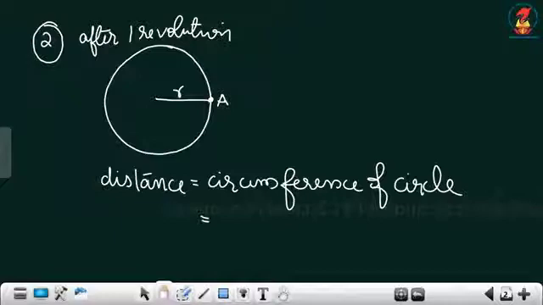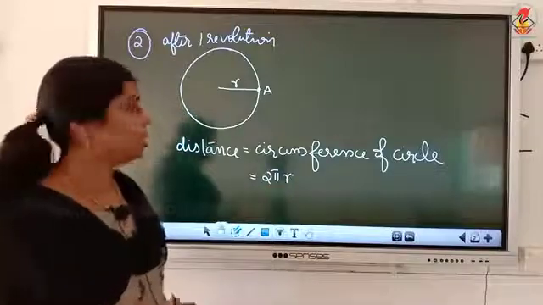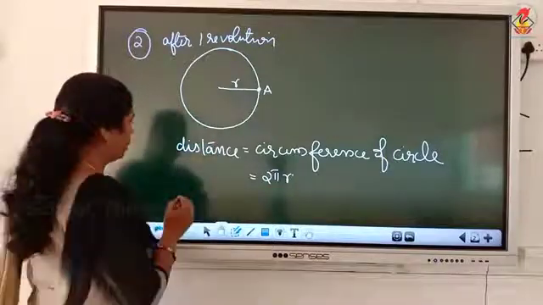Now, what's the equation to find the circumference of the circle? 2 pi r. That is the distance travelled. Now, displacement.